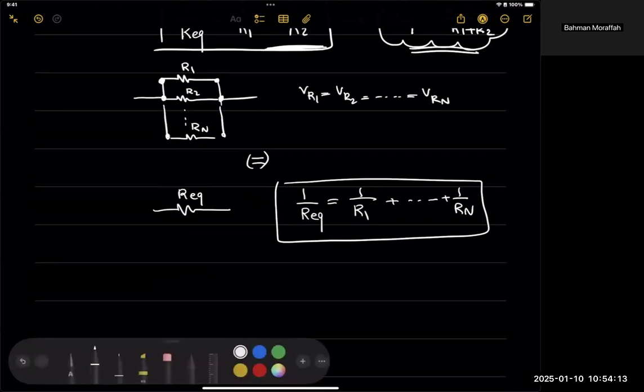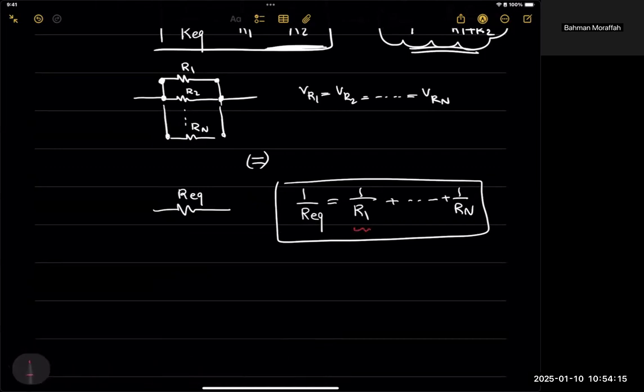But if you recall, we had a name for these things. These were conductances. So for resistors, if they're in parallel, we're adding up the conductances. And if they're in series, we're adding up the resistances. This is just a small point to pay attention to.